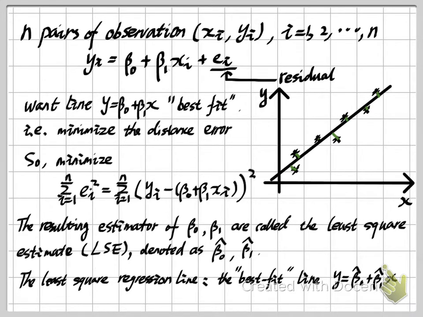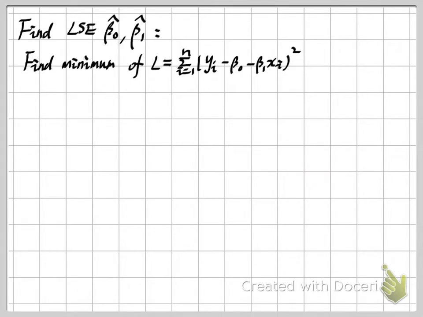The idea is the same here: how we can find the values of our beta 0 and beta 1. Because we have two variables, beta 0 and beta 1, the first step is we should have two derivatives.